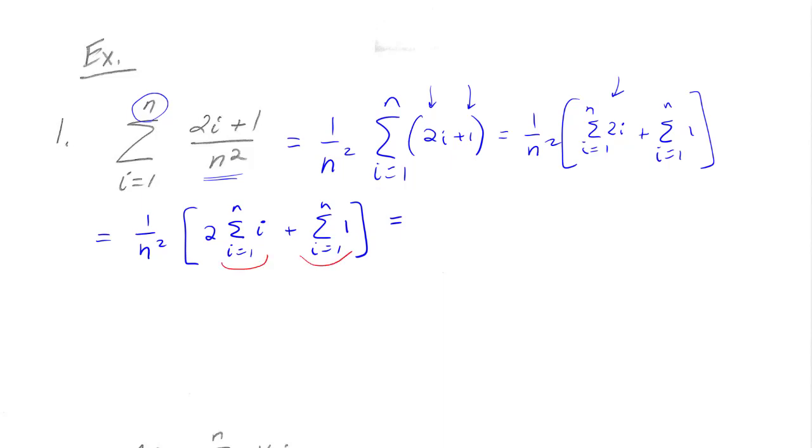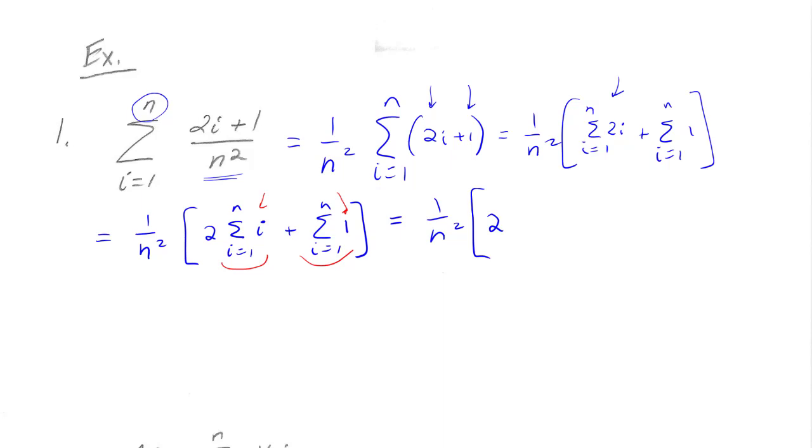All right, so now I'm in a good place here, because if you notice, I have two summations that fit my formulas, the sum of i and the sum of a constant, in this case 1. So I would have 1 over n squared, 2. So now what should this sum of i be? Well, that was just the one from before.